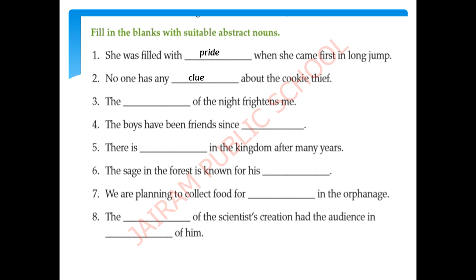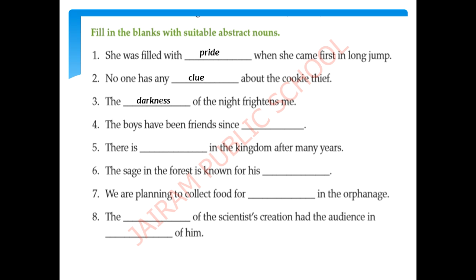At night time, what would you be fearing? Maybe the silence of the night, and maybe the darkness of the night. Yes, so here you can write darkness or silence. The darkness of the night frightens me.